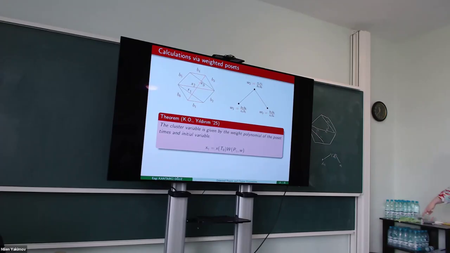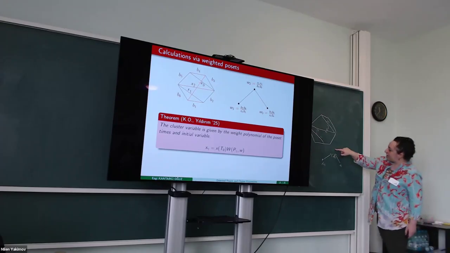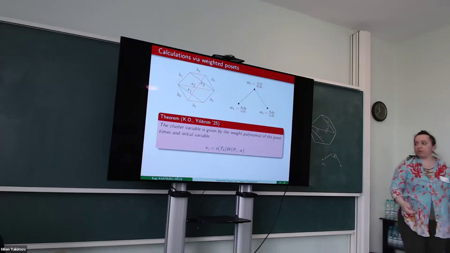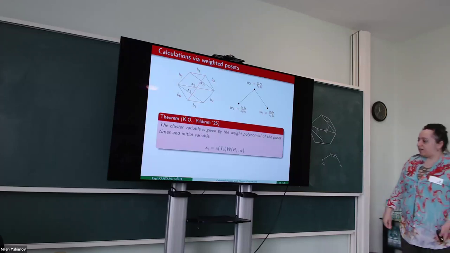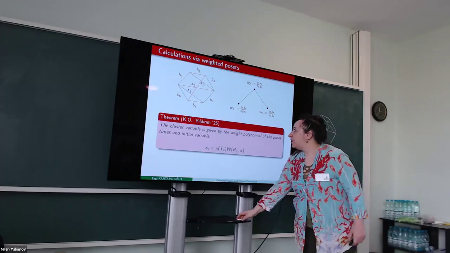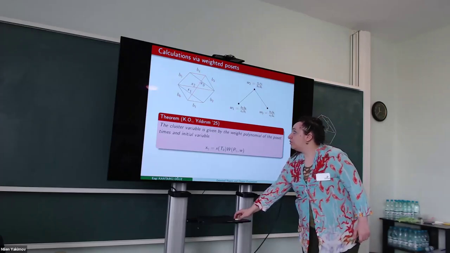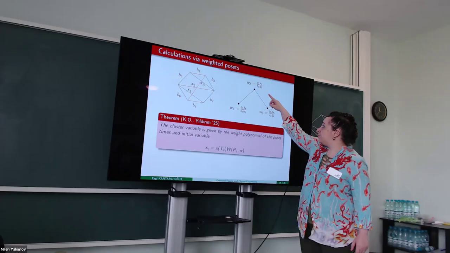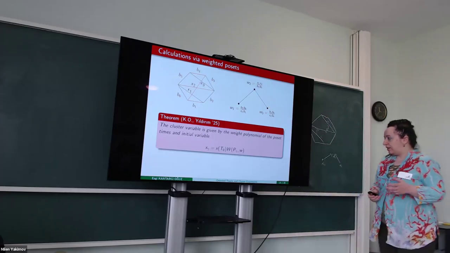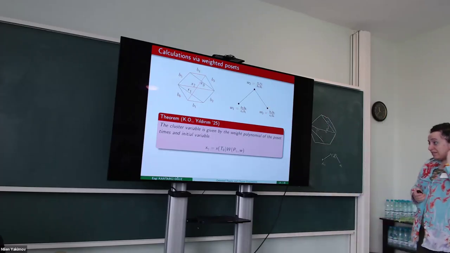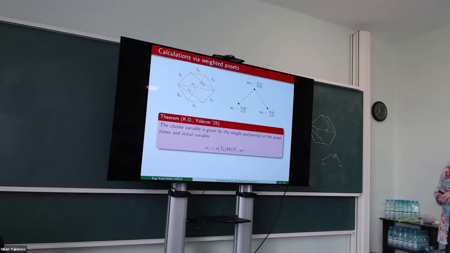If you say the pointing direction is going to be up in the poset, then you get labels by looking at clockwise neighbors and counterclockwise neighbors. So this was something we did before.